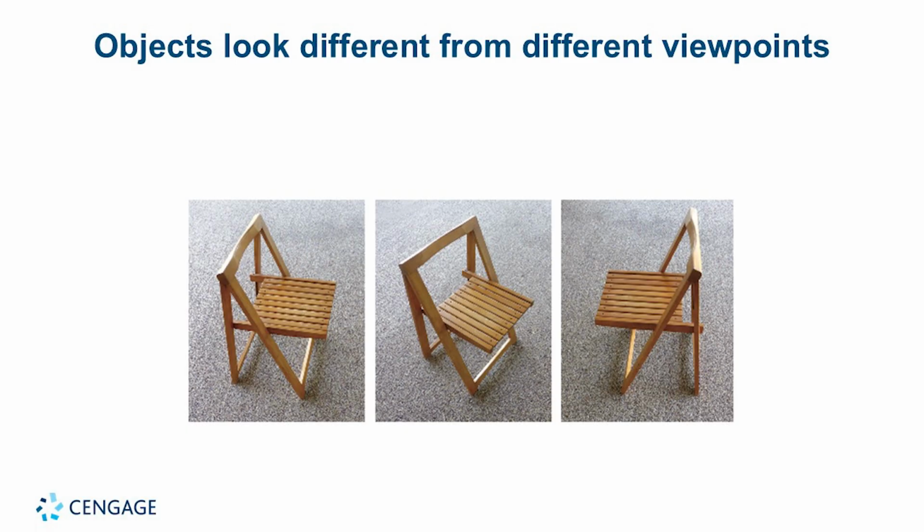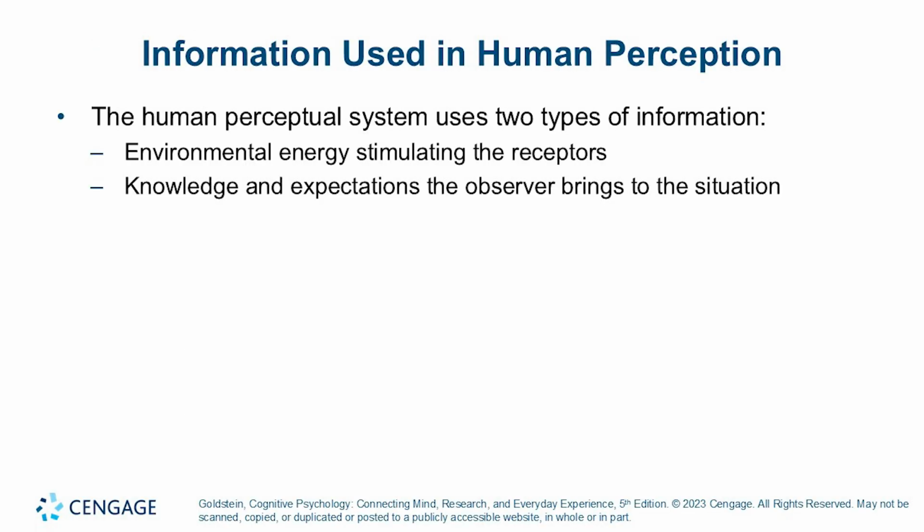And yet the brain still needs to understand that it is the same object that it's looking at. And so it needs to consider the physics of the world and what objects could look like when rotated and viewed from different directions in order to give us the understanding that we're still looking at the same objects, just from different viewpoints.